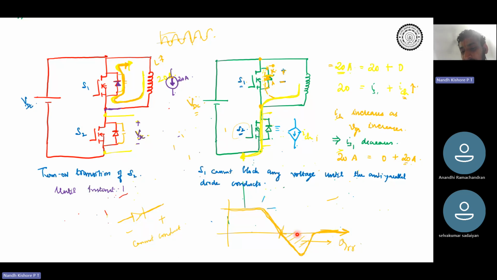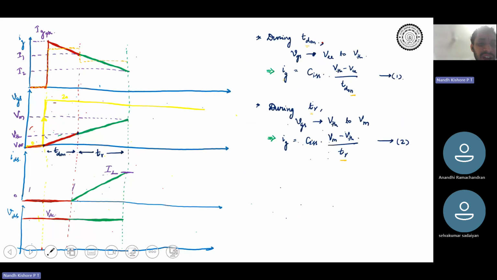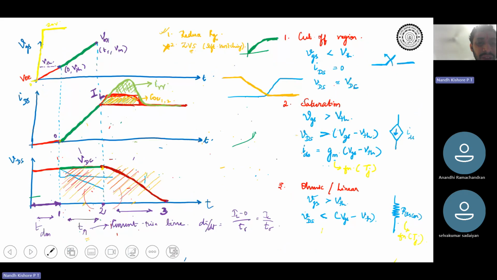So there is a negative current through the diode, right? That negative current will complete its path through the other device, S2. So this undershoot in the current through S1 will be reflected as overshoot in the current of S2. That is why we saw something like this reverse recovery current.